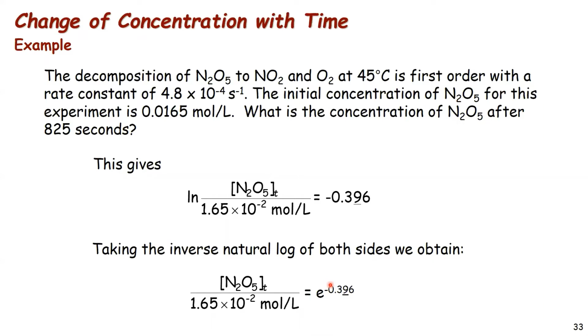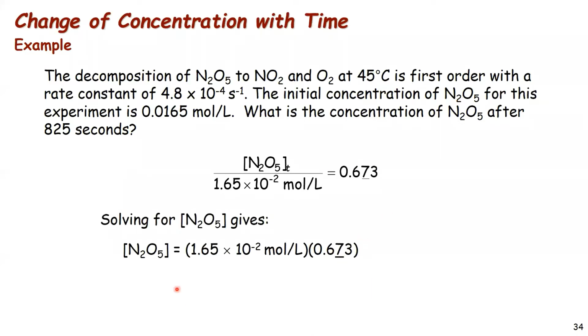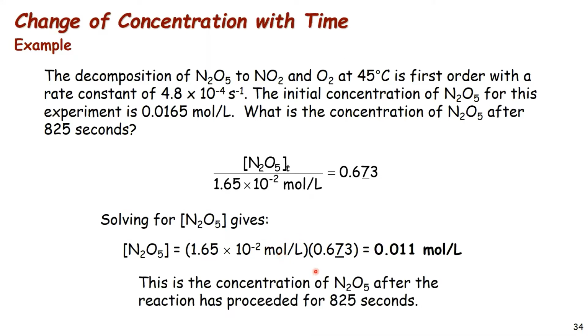We're going to violate that later on, but you really aren't allowed to do it mathematically, okay? So again, that gave us this. Then we multiplied both sides by 1.65. There's our units of moles per liter. And so 825 seconds later, it went from 0.0165 moles per liter down to 0.011 moles per liter.